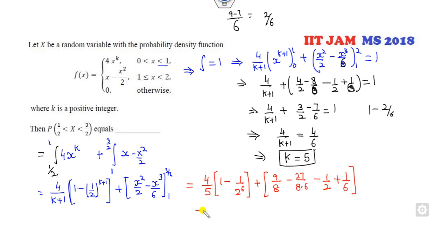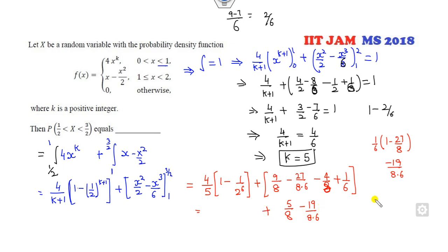Fine. Now you can solve this calculation. What is that? I can make them as 8, 4 over 8. So it's 5 over 8. I can make 1 over 6 as common. It is 1 minus 27 over 8. So what is the right answer of this? It is minus 19 over 8 into 6.